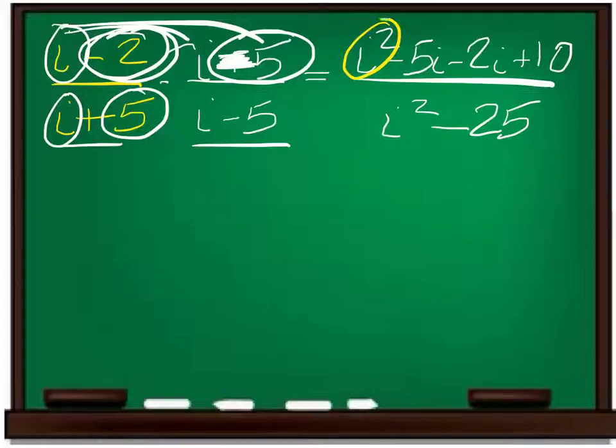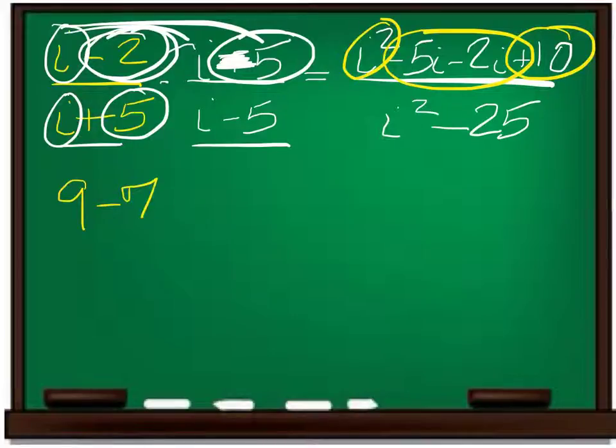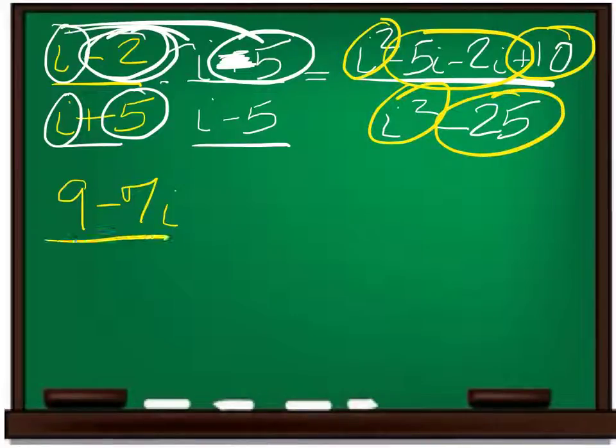Now we have negative 1 from the i squared. Negative 1 plus 10 is 9. And then minus 5 minus 2 is minus 7. So that's minus 7i. And then on the bottom, it's i squared. That's negative 1 minus 25 is a negative 26.